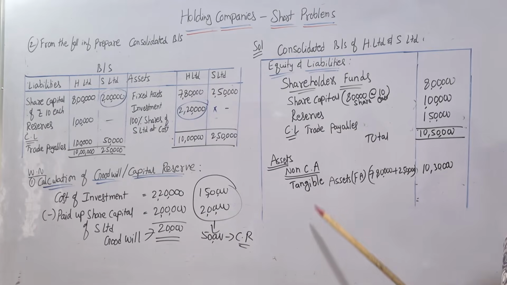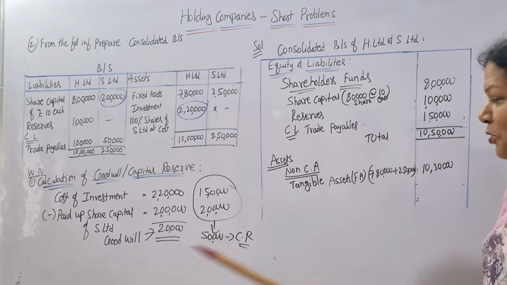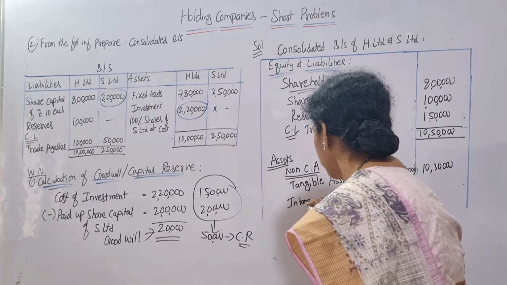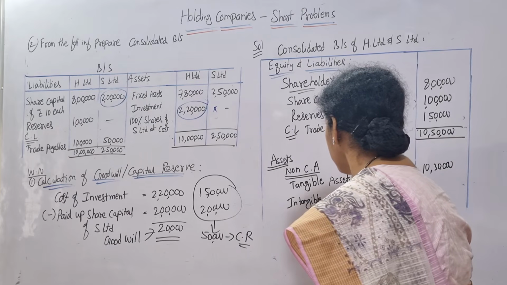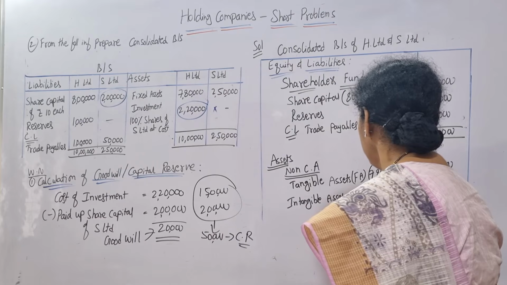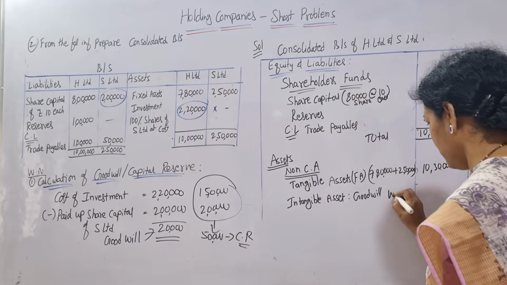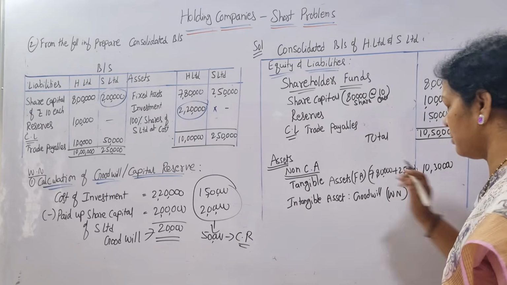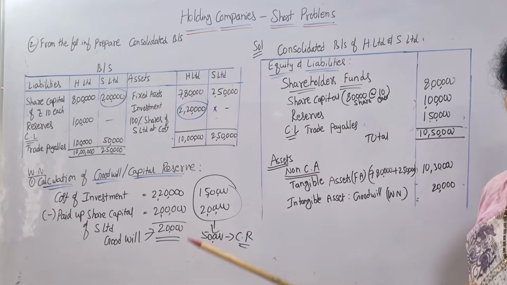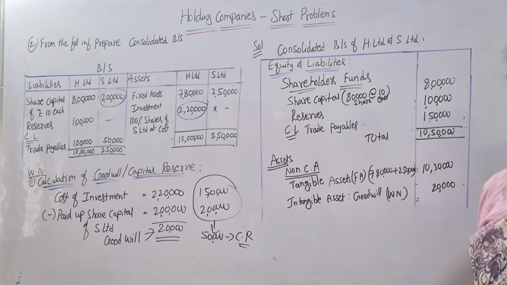Tangible assets we know. There is also intangible asset, goodwill. We'll show that. Goodwill is how much you got in the working notes. Under the working notes, 20,000. Always remember, you have to show the working notes. Wherever you are doing calculations like this, specifically you have to mention it.